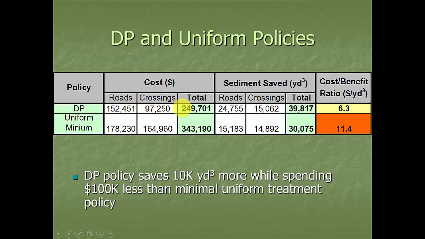But the dynamic programming would spend almost $100,000 less, but it would save almost 10,000 more cubic yards, and with a much better cost-benefit ratio. And so what we were trying to say is we could use this tool to better inform road removal policy.